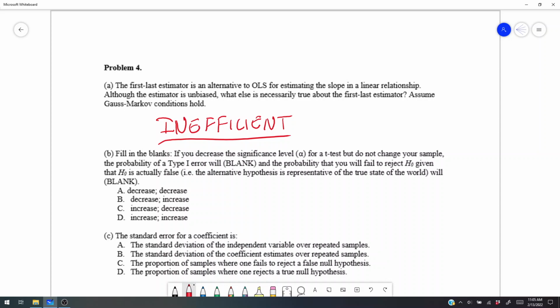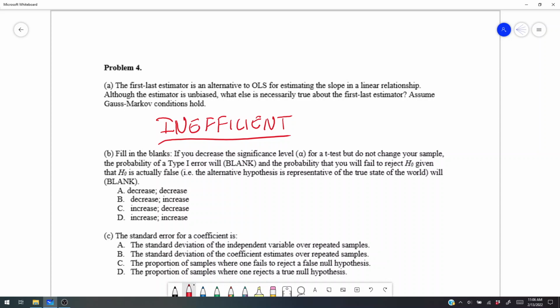Is there any reason not to let alpha go to 0? Well, the probability of a type 1 error is going to go down, but the probability that you will fail to reject the null hypothesis, given that the null hypothesis is actually false, matters too. If the null hypothesis isn't true, I want to reject it.